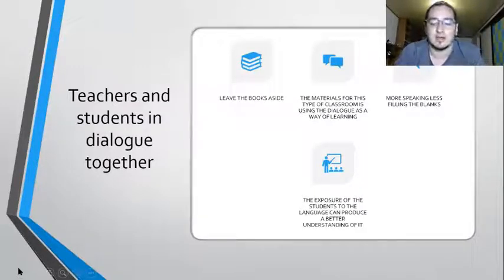But with round tables where they can share their ideas, their experiences, everything from their lives, that creates a dialogue that at the end, few words will be more meaningful than just a bunch of words in a book. So that's how the language is evolving in a way that you can connect with people, and that will create a significant learning in the process of teaching and learning as a student.